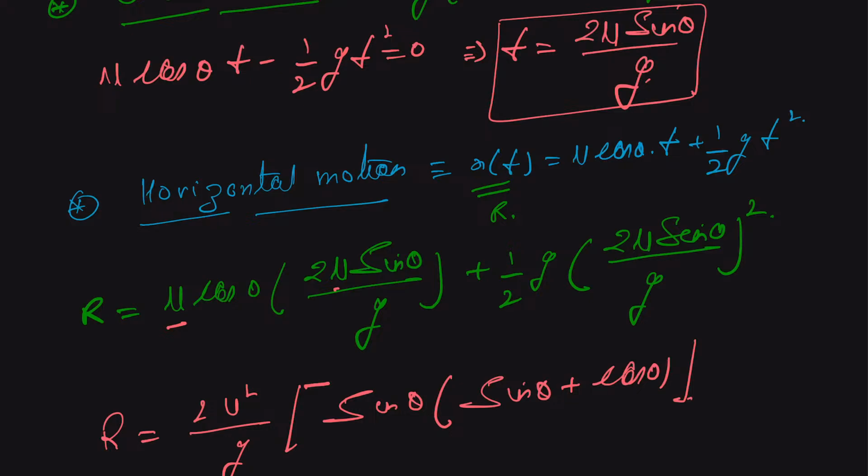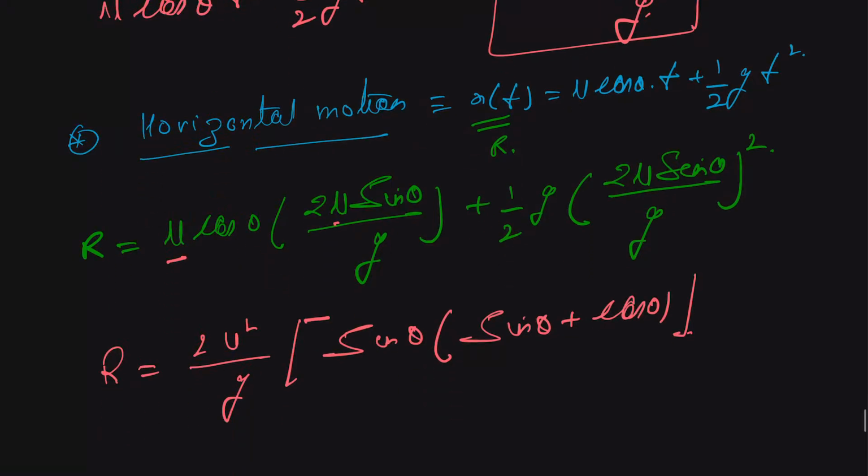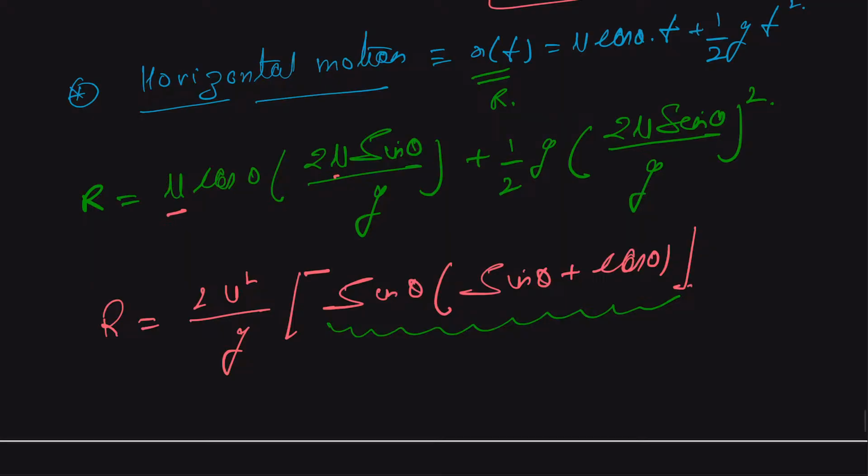And we want to maximize the range, so obviously that maximization will be dependent upon this trigonometric function. Therefore we can say that R will be equal to R max.